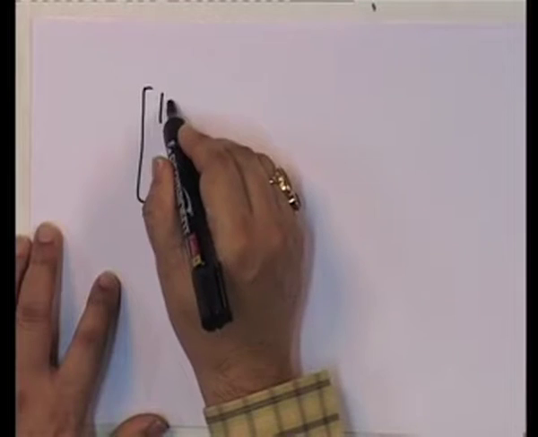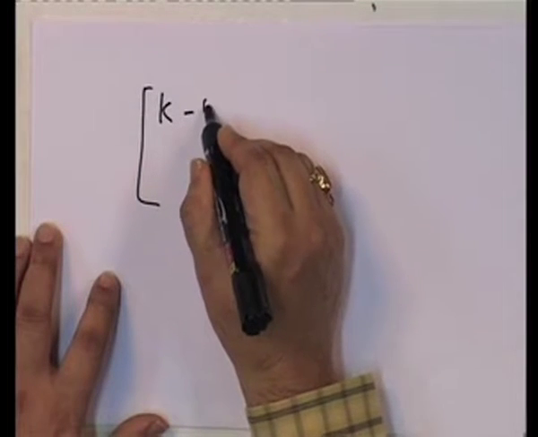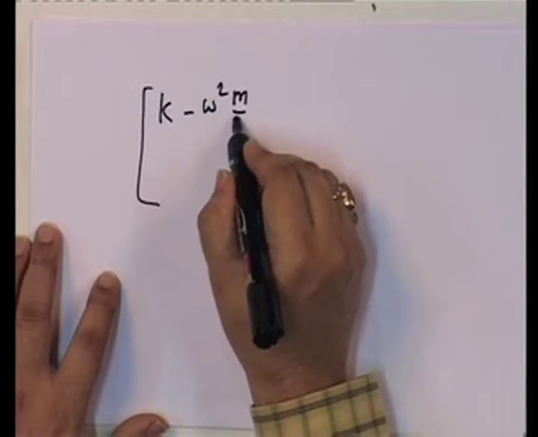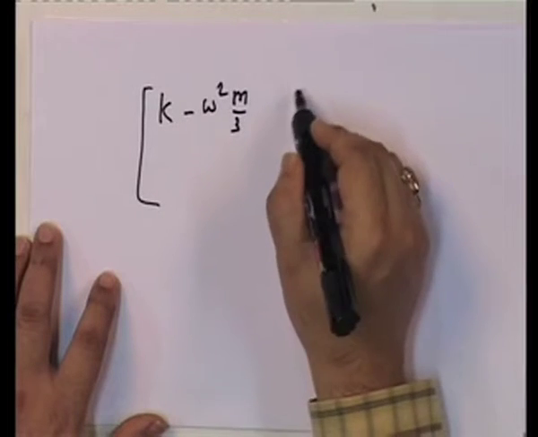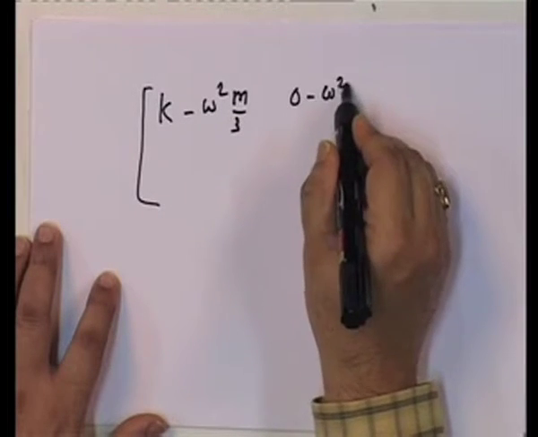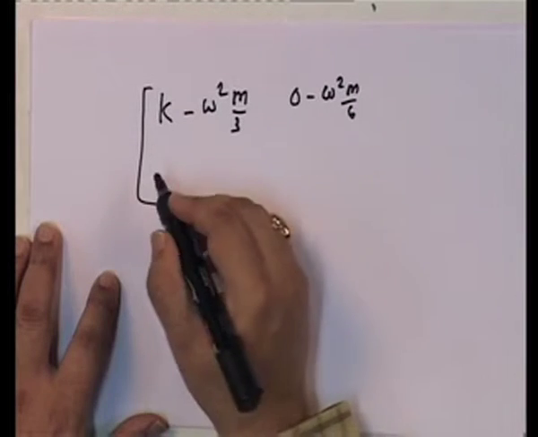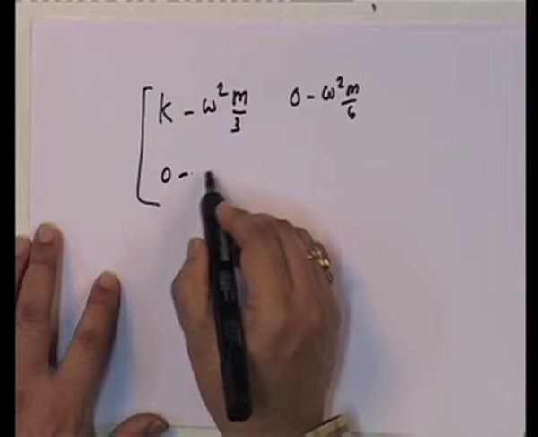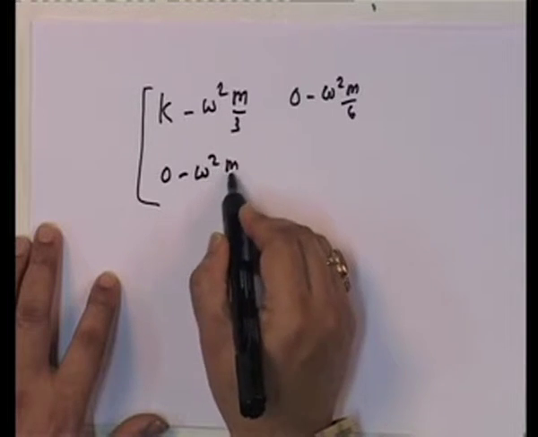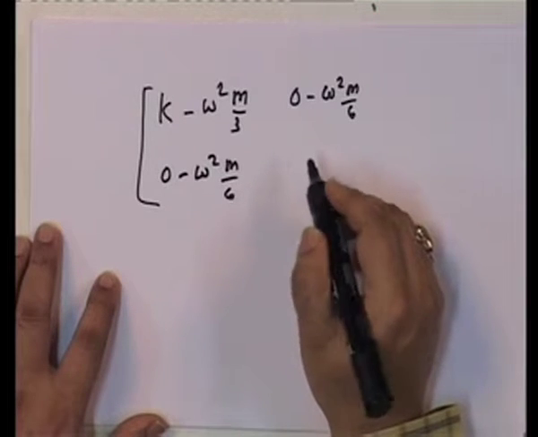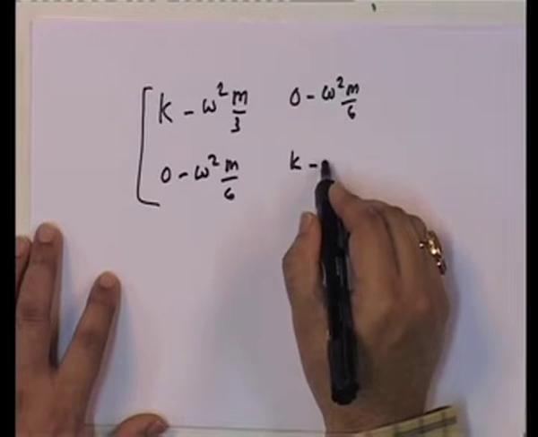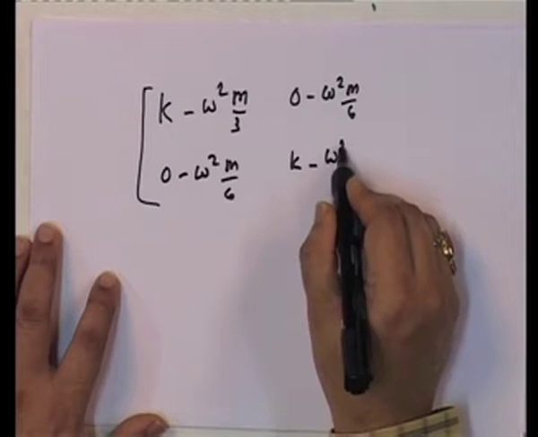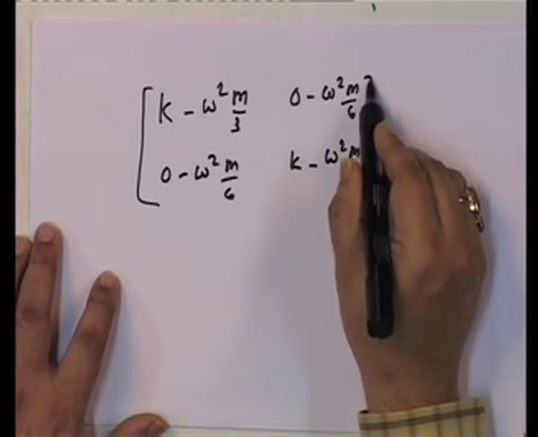So, if I do this, what does it become? It becomes k minus omega squared m by 3 and now 0 into omega squared m by 6, then 0 minus omega squared m by 6 and finally k into omega squared m by 3.